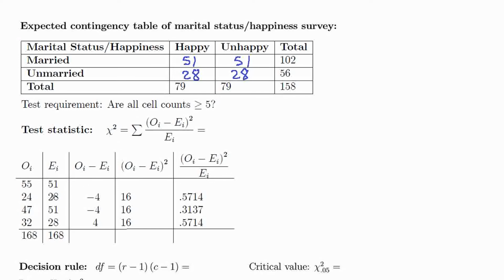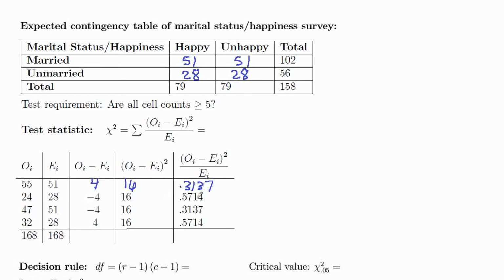So here's observed counts, expected counts, and then I did observed minus expected, so just subtract your columns. So 55 minus 51, 4. And then observed minus expected squared. So square the 4, you get 16. And then observed minus expected squared divided by expected. So take that 16 and divide it by the 51. And if you do that, you will get 0.3137.